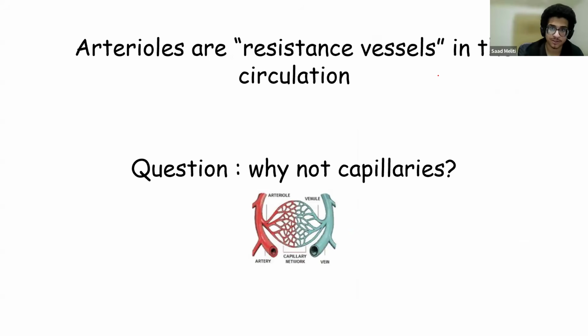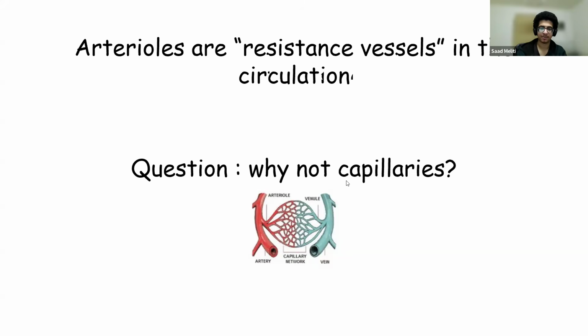Arterioles are resistance vessels in the circulation. But why not capillaries? Can anyone answer that? Does anyone know why we don't use capillaries for resistance? Think about what we just talked about a second ago. More divisions, exactly. Capillaries have millions and millions of capillaries, okay? In parallel, by the way, they're all in parallel.